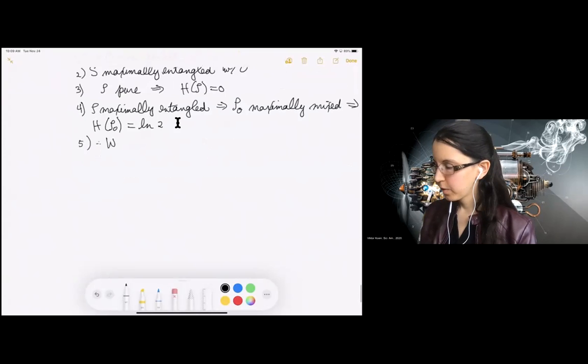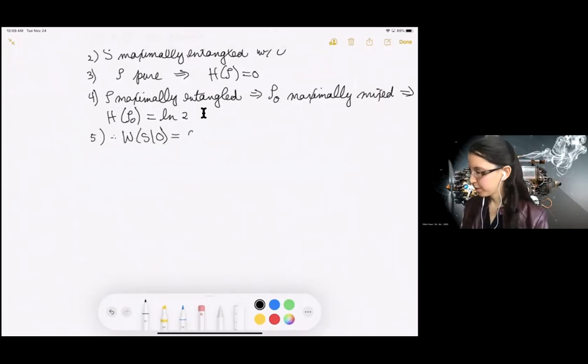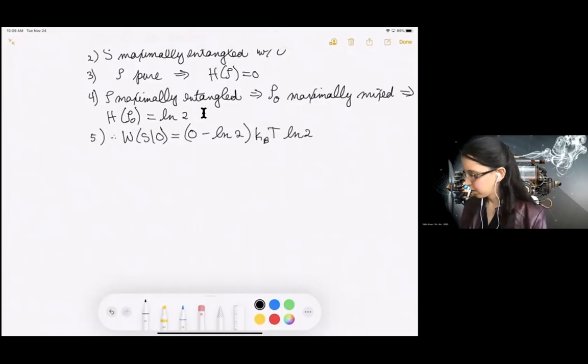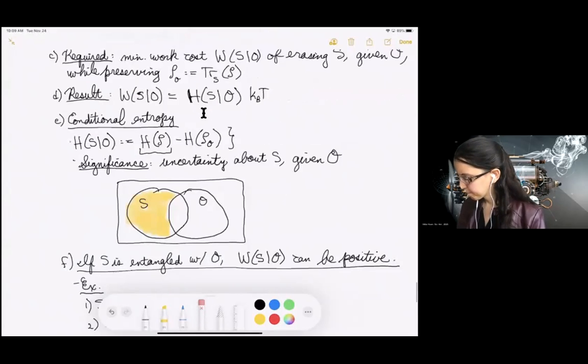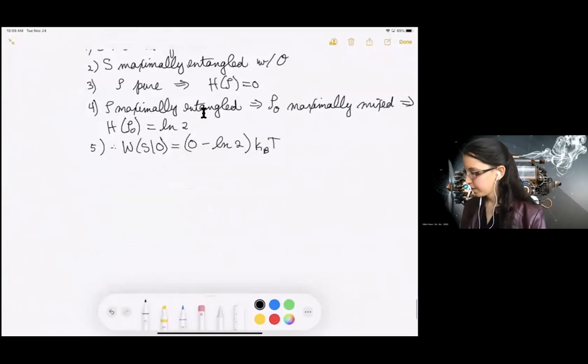Therefore, the work cost, which is the first joint entropy minus the second entropy, times our favorite multiplicative factor, is negative. The work cost is negative, so the work extracted is positive.